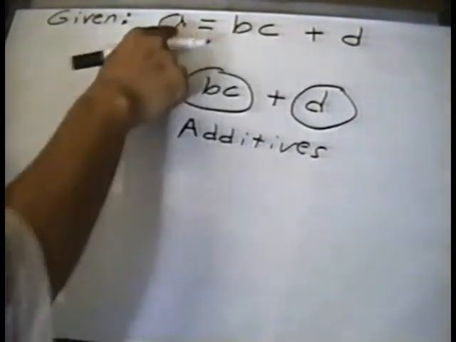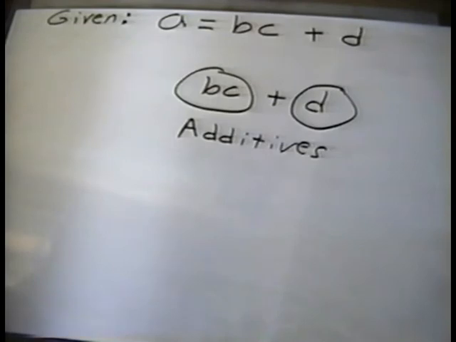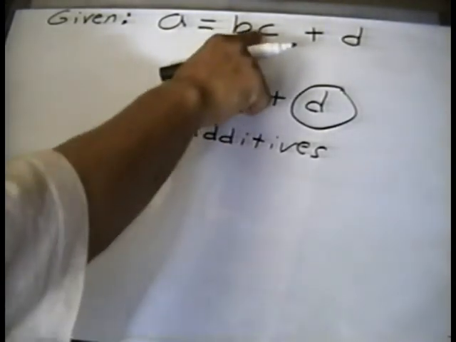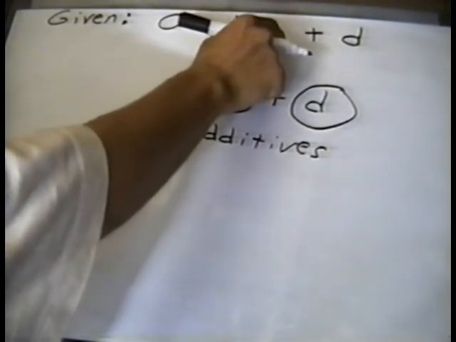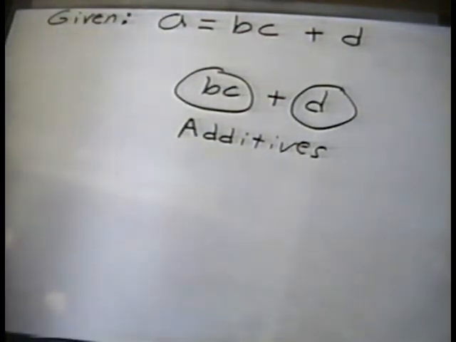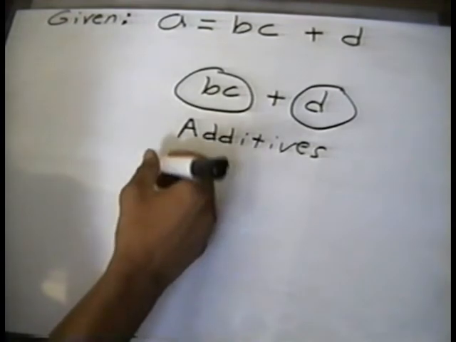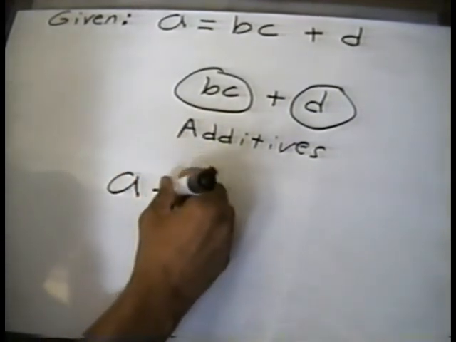BC here is acting as an additive, meaning it's in the form of an addition. If I wanted to remove BC from one side of the equation to the other, I have to do it by addition, meaning I add a negative, or you either subtract or add. But subtraction, we're saying, is addition.